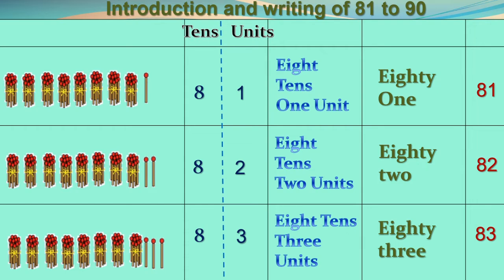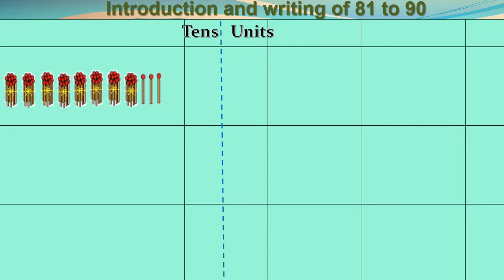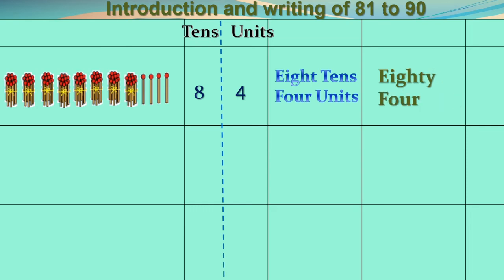We'll proceed. Now here 83 matchsticks are there. Now we are going to add one more matchstick. So here 8 tens and 4 units we got, right? 8 tens, 4 units, that makes 84.